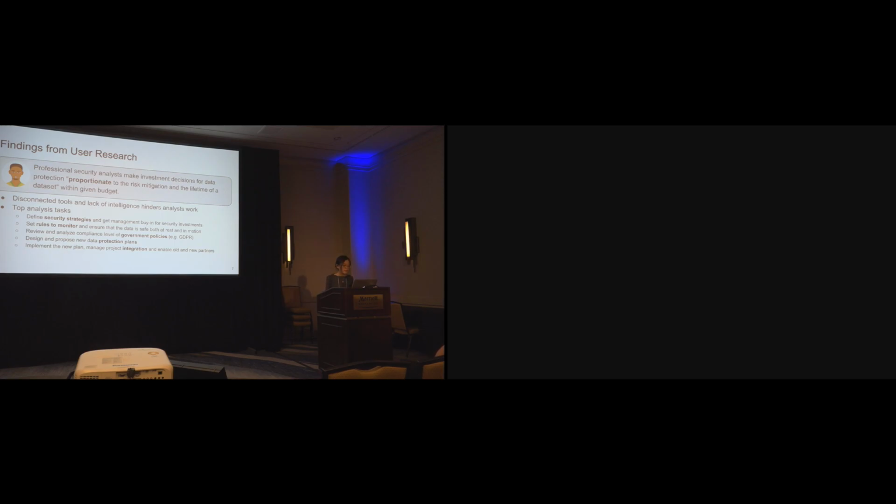We also found there are a lot of unsatisfied needs in current data security analyst practices, such as disconnected tools, lack of intelligence. And here we also list some top analysis tasks, such as defining security strategies for the company, setting rules to monitor the data security, as well as reviewing and analyzing the compliance level of the government policies.